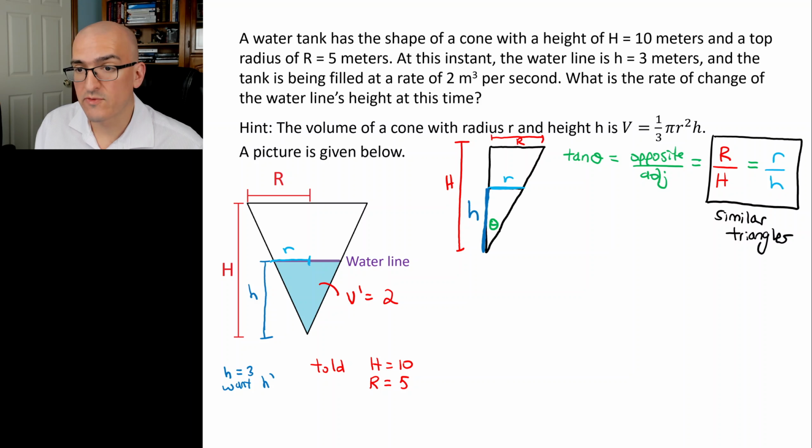Your opposite over your adjacent, you can either use the big triangle or little triangle. They both have to be equal to tan, like tan theta has to be equal to both ratios. It's the same tan theta for each. That means that the ratios have to be equal to each other. Big R over big H is equal to little r over little h. We can rearrange. We can get little r in terms of h.